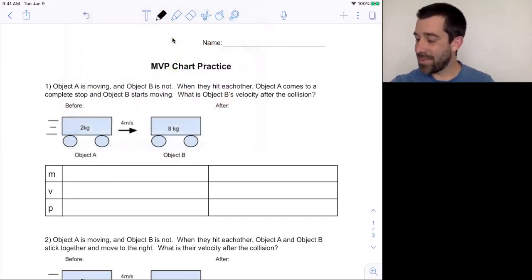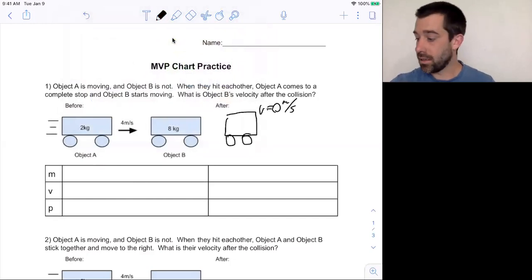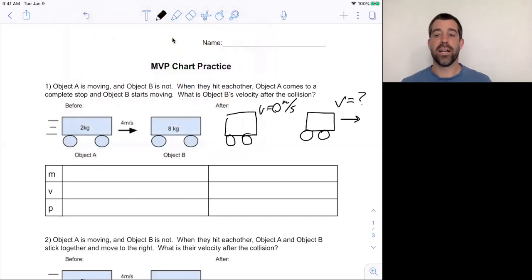So I've got object A, it says, is going to come to a complete stop. So velocity now is 0 meters per second. It's at rest. And then object B is going to start moving. And we don't know what the velocity is, but we are going to try to figure it out. That's the question, by the way. The question is, what is object B's velocity after the collision?